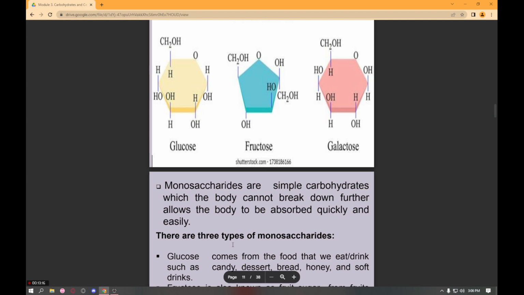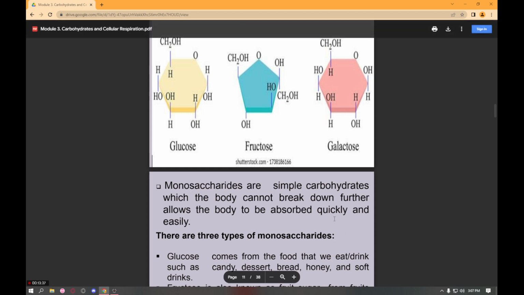Okay, di ba? Naalala nyo with your digestive process that for your final absorption, before it is distributed into your bloodstream, it is necessary to convert this first into monosaccharides. So since these are already monosaccharides, there is no need for them to break down. Okay, so they are absorbed quickly and easily.